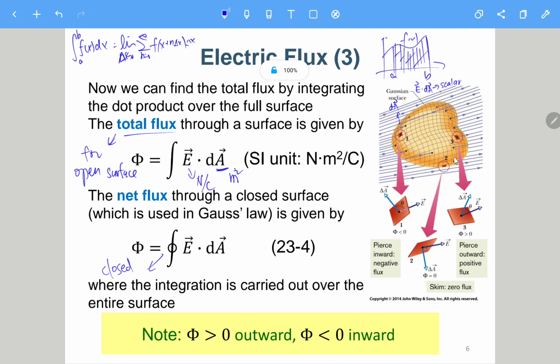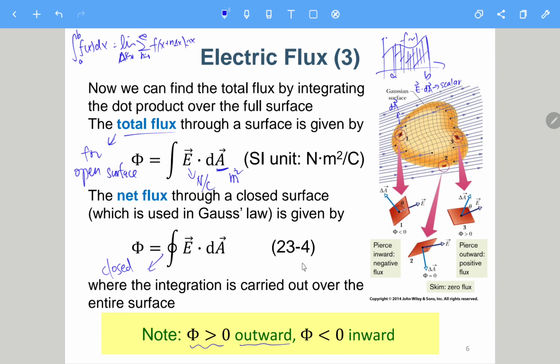Here we have dA pointing outside, and if phi is larger than 0, we consider the E field flowing outward, which means that the flux is pointing outward. Otherwise, if phi is smaller than 0, it is pointing inward.